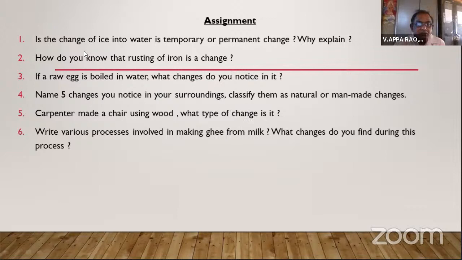Growth in plants is a natural change and a permanent change.